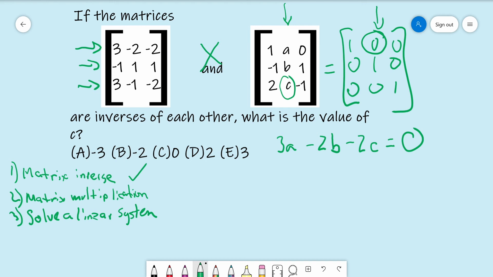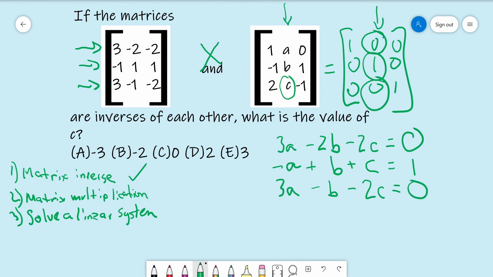That will give us negative a plus b plus c, and all of that has to equal 1. Now the third row from the first matrix and the second column from the second matrix is going to give us 3a minus b minus 2c, all equal 0. Okay, so we did the matrix multiplication.